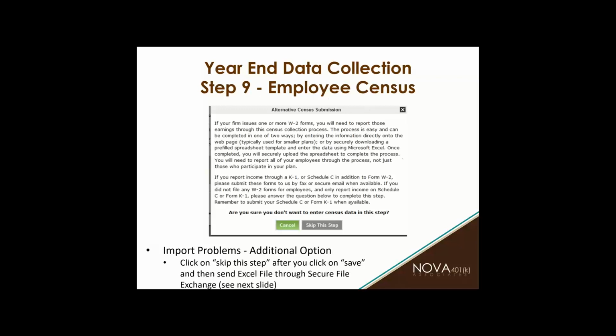On step 9, you might get this pop-up where it says basically, we need your information, are you sure you don't want to enter census data in this step? And you would click on skip this step so that you can just save it and move on. And then on the next screen, I'll show you how to send us the information.